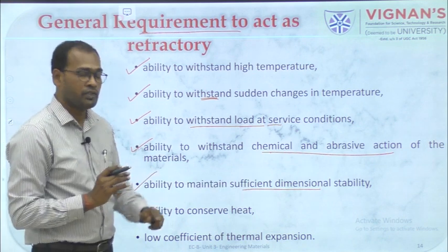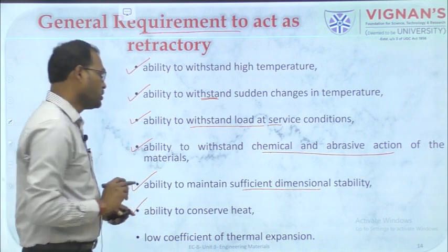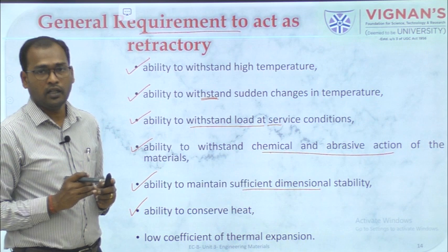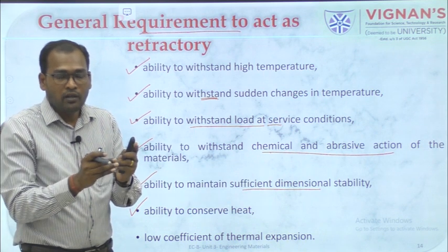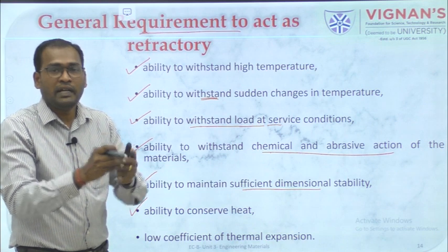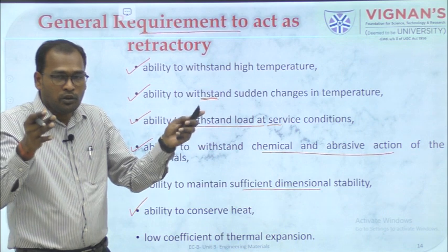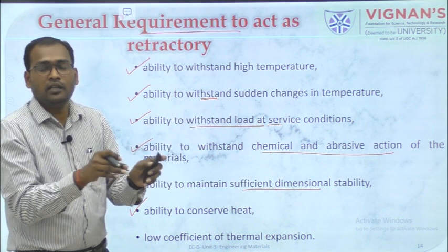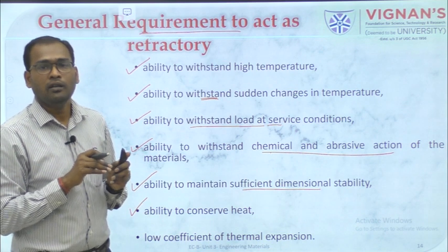It should have sufficient dimensional stability and it should have the ability to conserve heat. That's also an important property. The heat given to do a work should not be dissipated outside the furnace. So the material should conserve the heat inside the oven so that the heat will be completely used for the work.